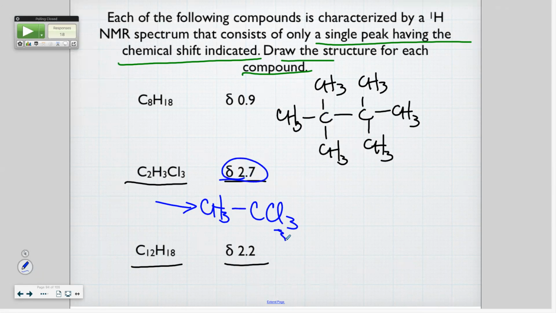All right, how about C12H18? Remember, we only want 1 peak. So that means we have to get all 18 of these H's to be identical. How did we do it on the last one? On the first one? For branches, right?